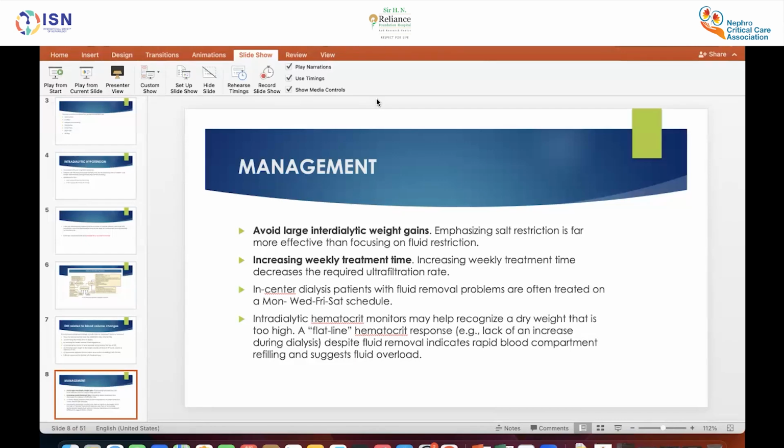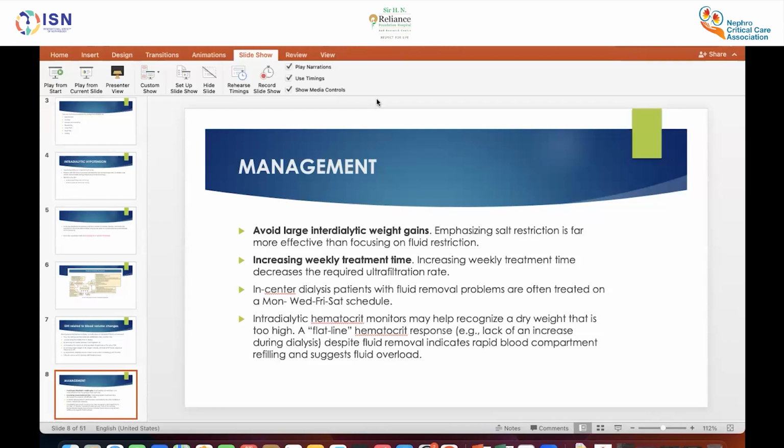Whether we are doing it here in Reliance? Sir, we are not doing it, sir. No, this sentence we have seen, that last sentence: Intradialytic hematocrit monitors may recognize a dry weight that is too high.